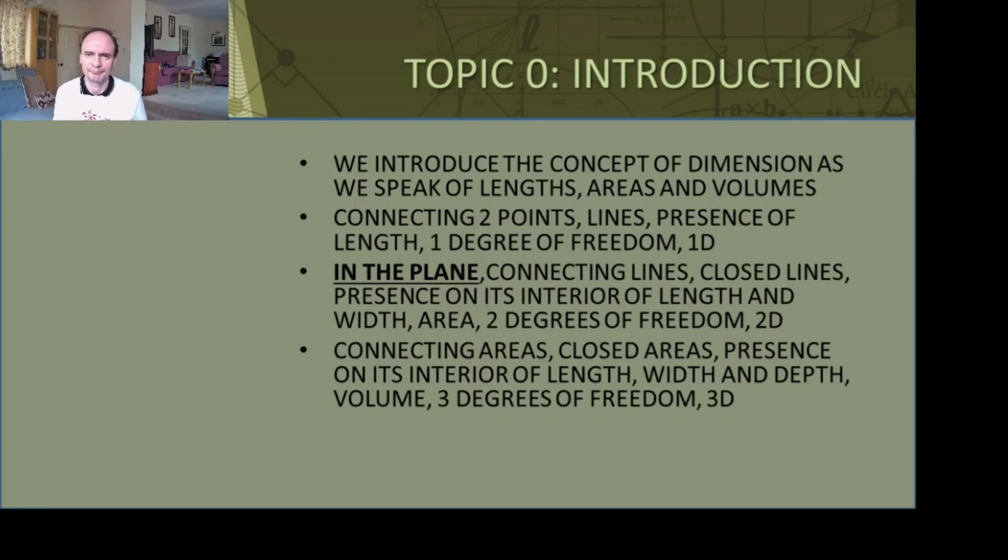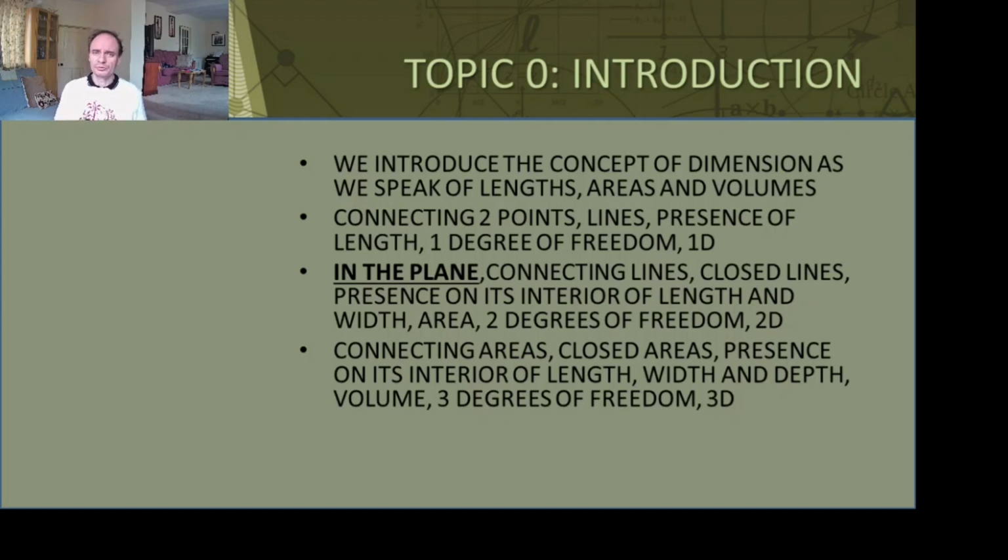But this definition introduces the idea of synonyms: lines, 1 dimension, 1 degree of freedom; surfaces, 2 dimensions, 2 degrees of freedom; and volumes, 3 dimensions, 3 degrees of freedom.